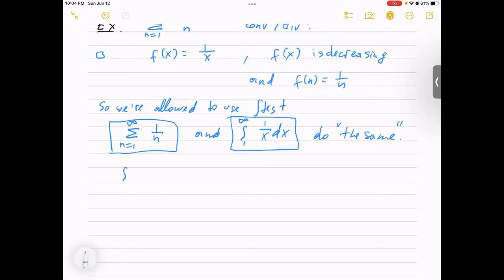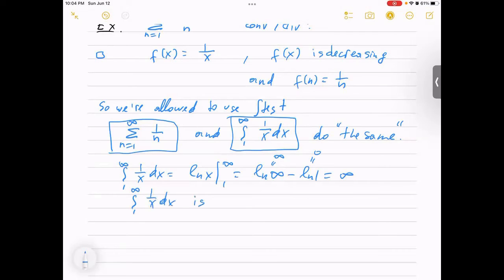So the integral from 1 to infinity of 1 over x dx, easy to find the antiderivative, ln of x from 1 to infinity, so we're going to get ln of infinity minus ln of 1. Ln of 1 is 0, ln of infinity is infinity, so we have infinity. So the integral from 1 to infinity of 1 over x dx is divergent, equals infinity.